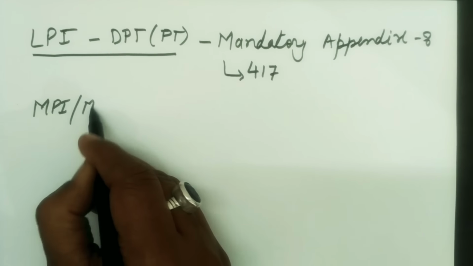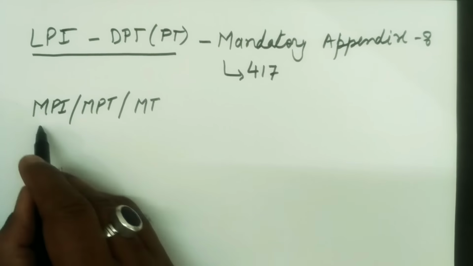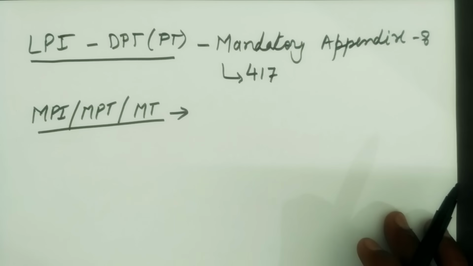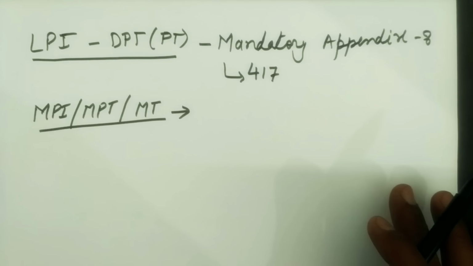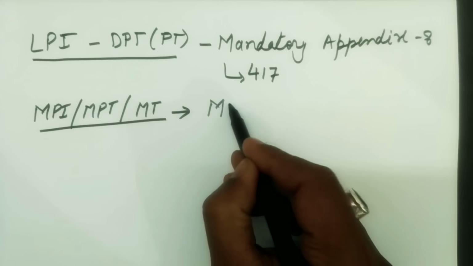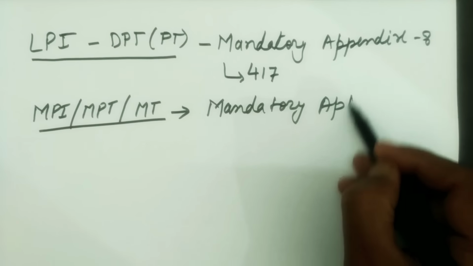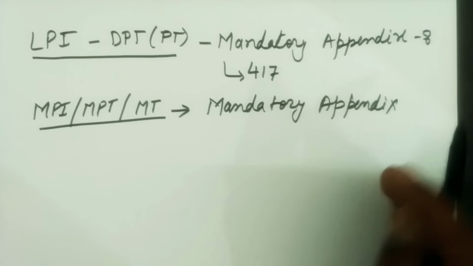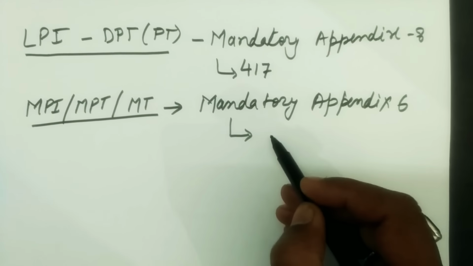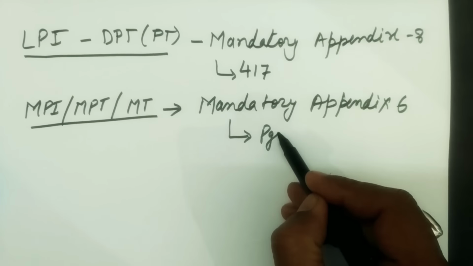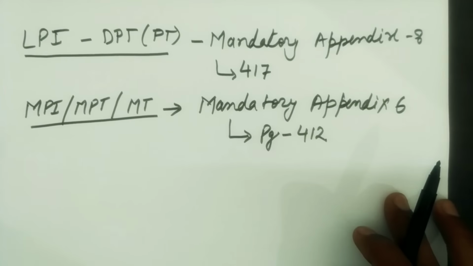It is also called magnetic particle testing, and simply it is also known as MT. So these are the names of the same test, MPI, MPT or MT. Acceptance criteria for MT is given in mandatory appendix 6, and you can find mandatory appendix 6 in page number 412.